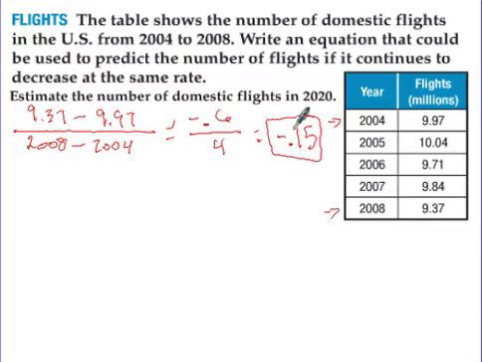Okay? Now, using either one of those two ordered pairs, we've got a slope that we can work with to find the y-intercept so that we can write our equation. So the y value is, let's just use this one, y value is 9.97 equals the slope, which is negative 0.15 times.